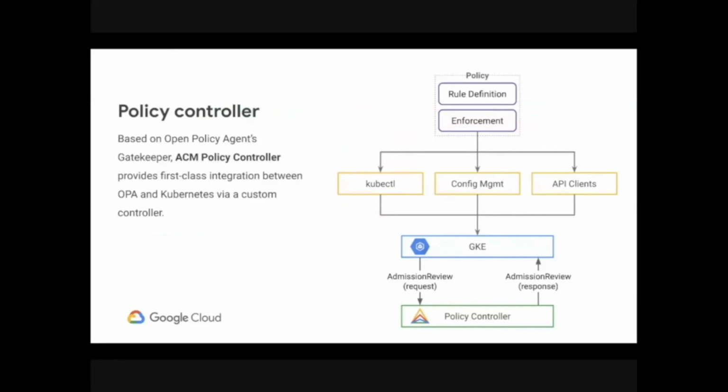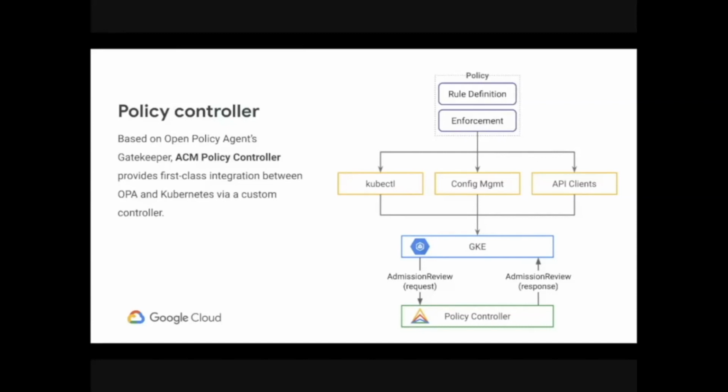So as I said, for example, that required label policy that you might want to enforce. So the policy controller is built from Gatekeeper, which is also part of the Open Policy Agent. And then it also does give you the ability to test these policies before enforcing them.